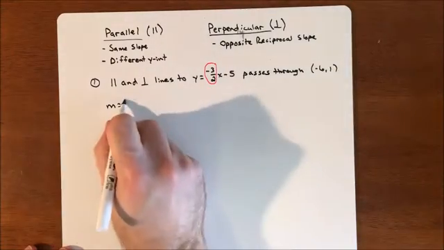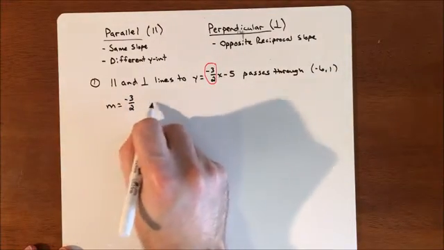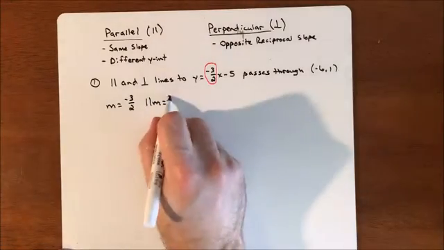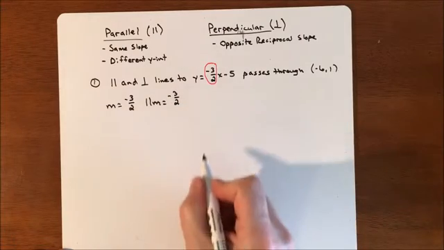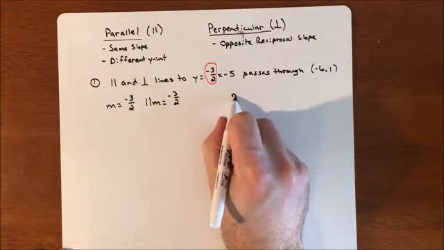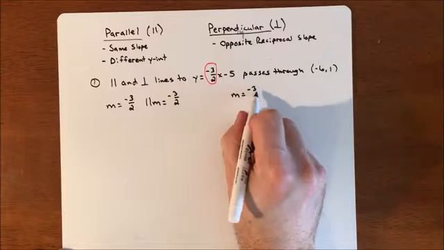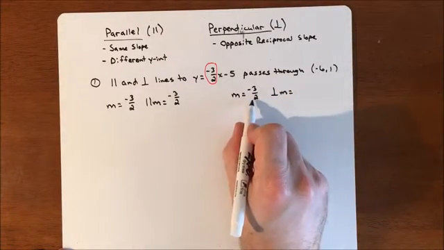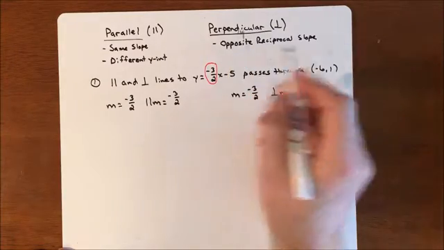So the original slope is -3/2. A parallel slope to that is going to be -3/2. So when we do the perpendicular, something that's perpendicular to it, this line would be going down, so our line has to go up. That's the opposite part.